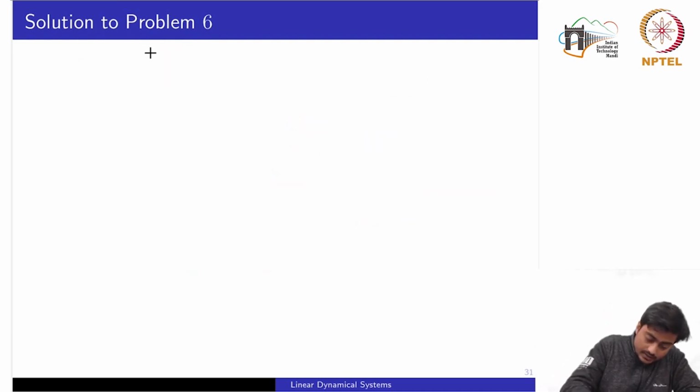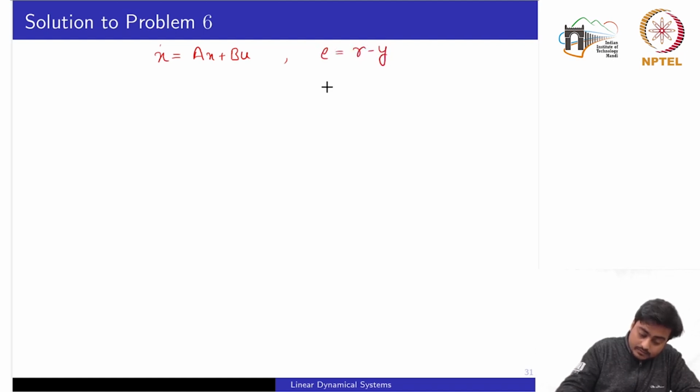So let's write a couple of equations. First, x dot is equal to Ax plus Bu. e we have defined as r minus y. So if I take the derivative of this error, I would get r dot minus y dot.